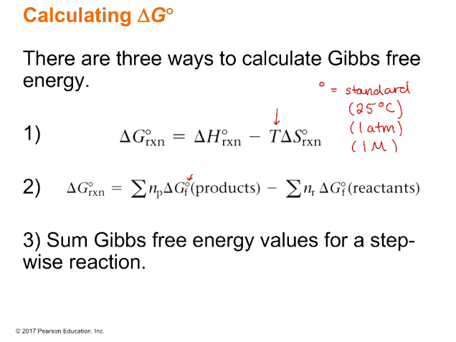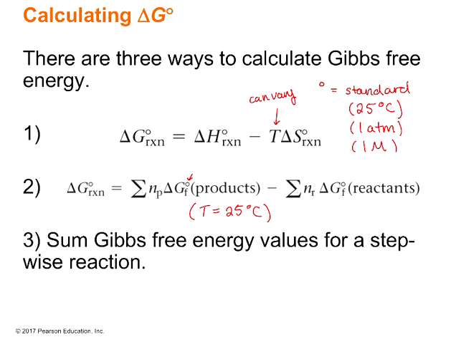So that means that the second equation can really only be used if the temperature is 25 degrees Celsius. So up above, we said that temperature can vary, but down below in equation 2, temperature has to be 25 degrees Celsius.